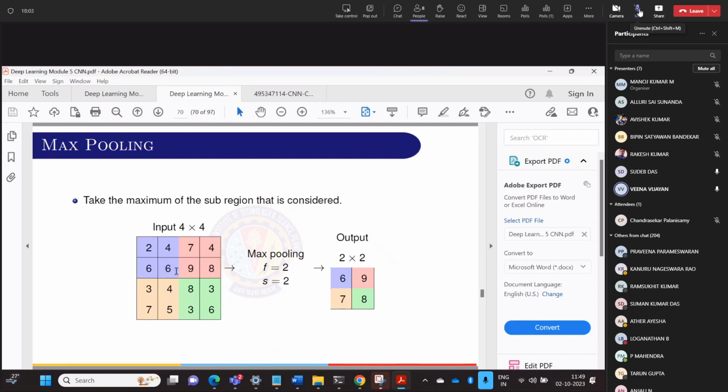Whereas if we take the average, it will reduce the value. There will be some features coming in, but this is downgrading that complete sample size. In terms of intensity, the picture will be blurred if I take mean, compared to max. In some cases the features will be skipped.